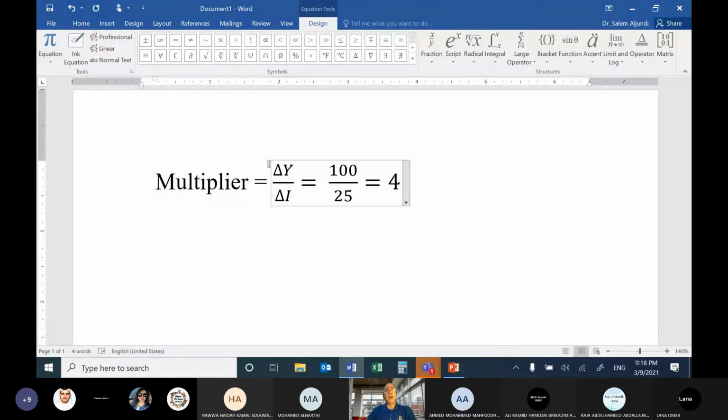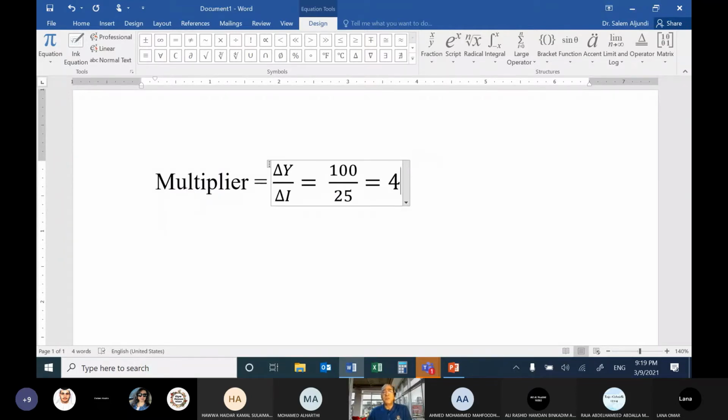So the multiplier is 4. What does it mean? That means if the business sector decided to spend 25, that will stimulate and encourage the level of economic activity 4 times than the initial increase in investment.